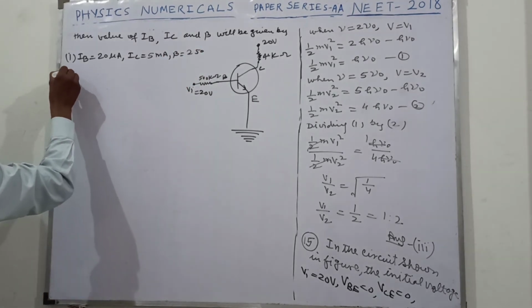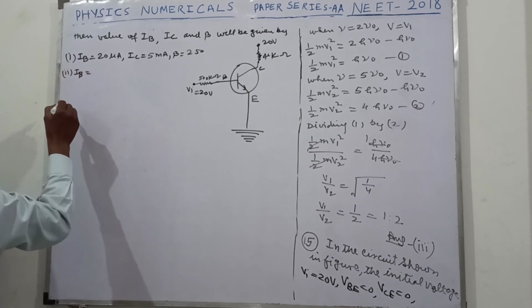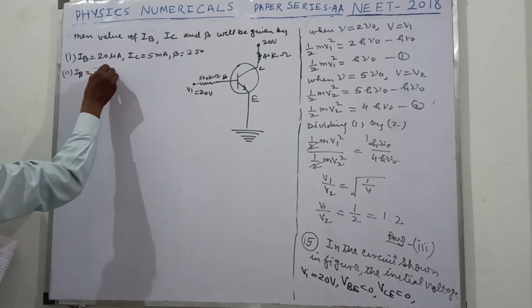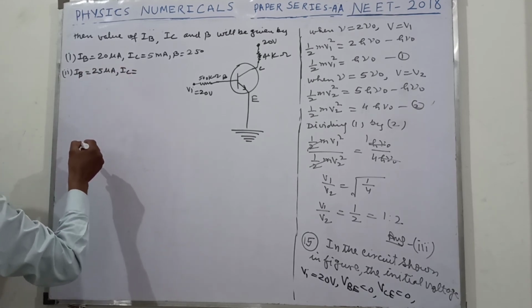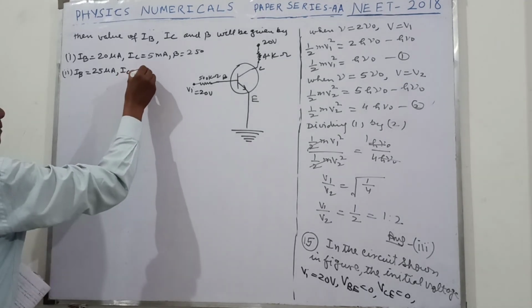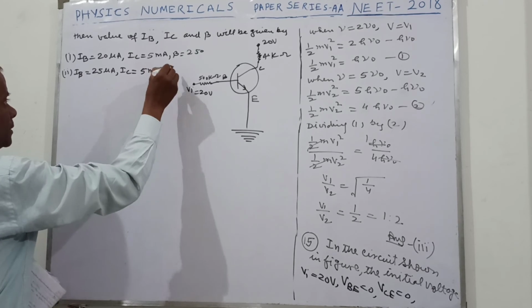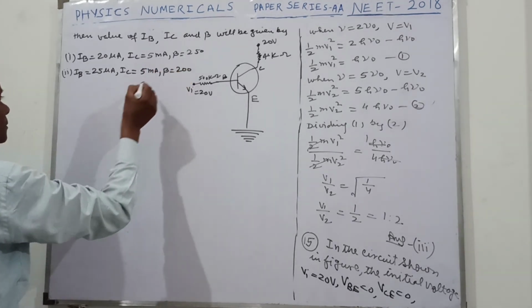And now second option is IB equal to 25 microampere, IC equal to 5 milliampere, and beta equal to 200.